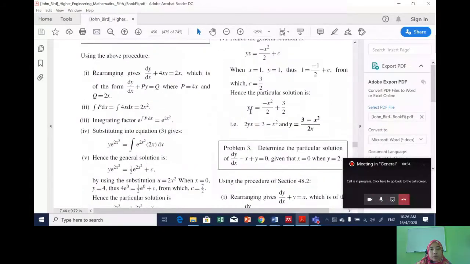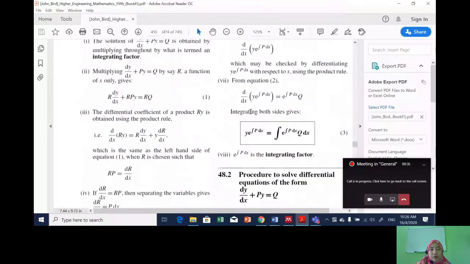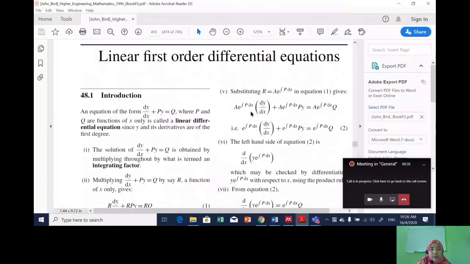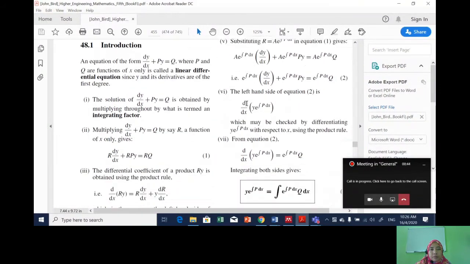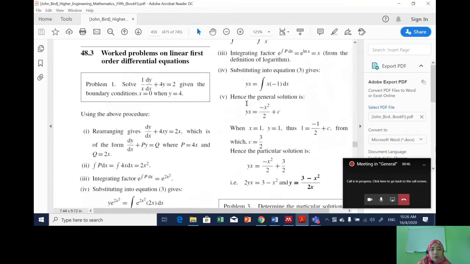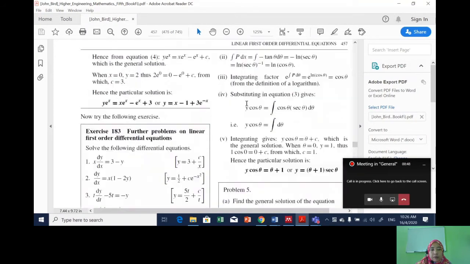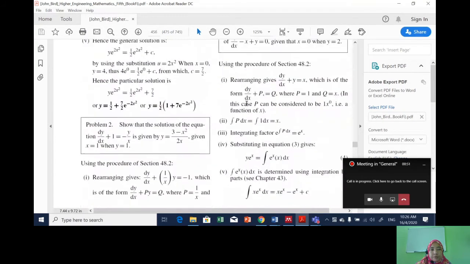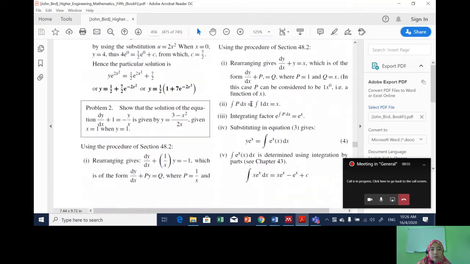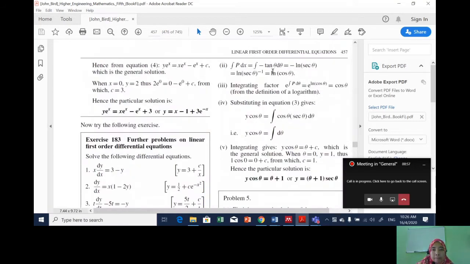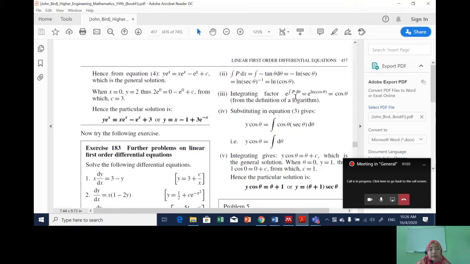The topic on solving first linear ODE is in the first ebook, page number 457.